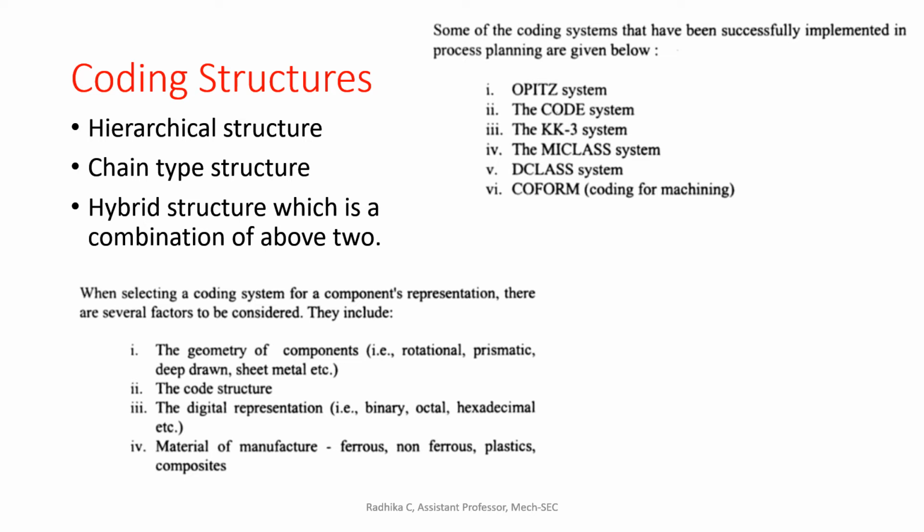When selecting a coding system for a component representation, there are several factors to be considered, which include geometry of a component, code structure, digital representation, and material of manufacture. Some of the coding systems that have been successfully implemented in process planning are the OPIT system, code system, KK3 system, MI class system, D class system, and COFORM system.